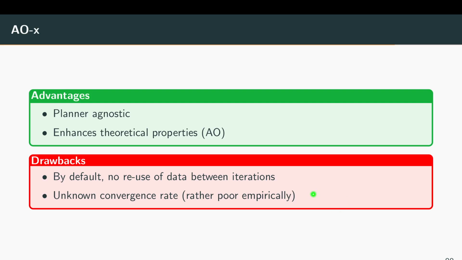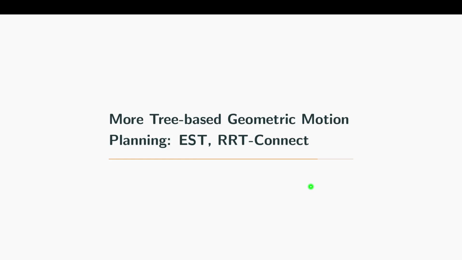Either way, the convergence rate we can't really bound that easily. And practically speaking, it's not so good. So it takes a really long time before we get to something that is close to the optimum. Okay, any questions about AOX?